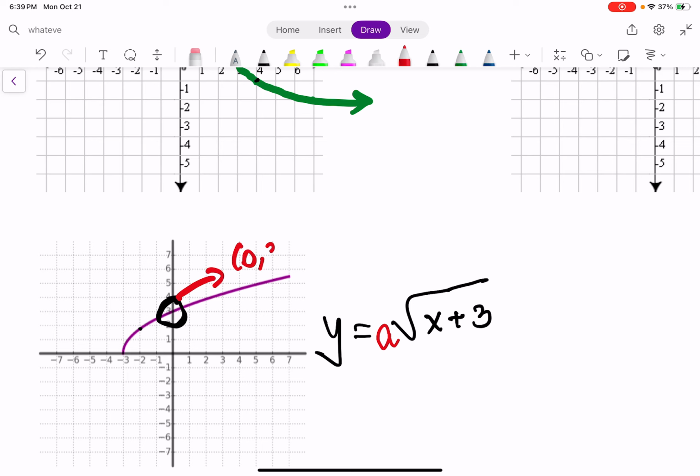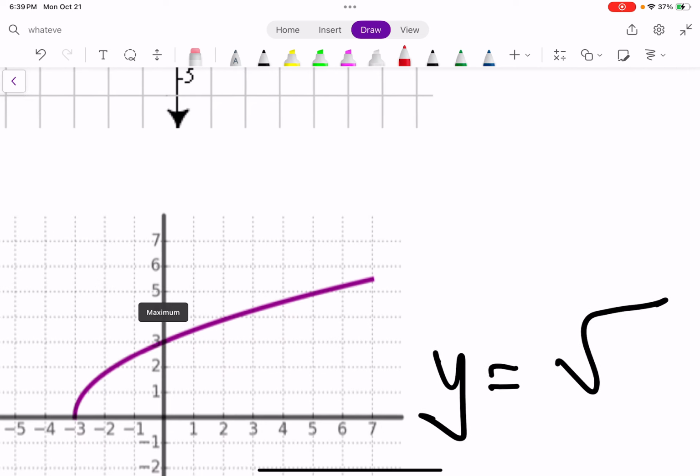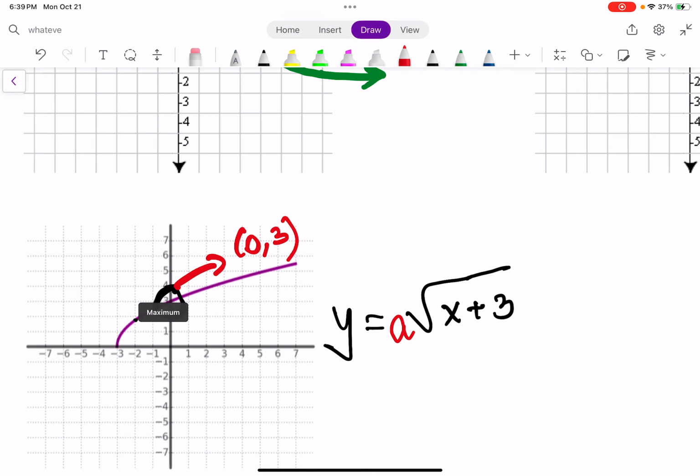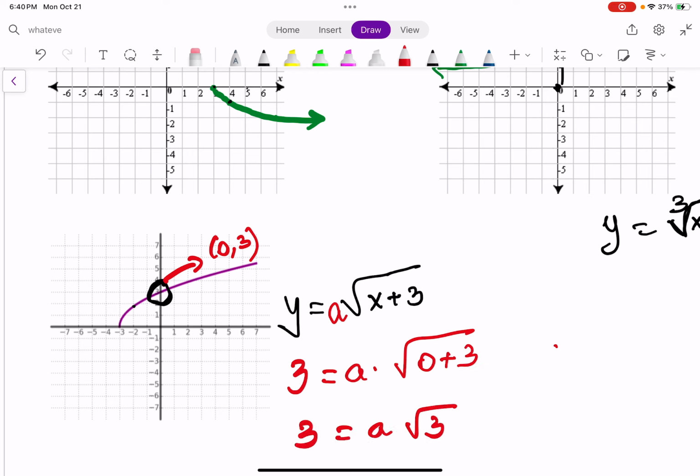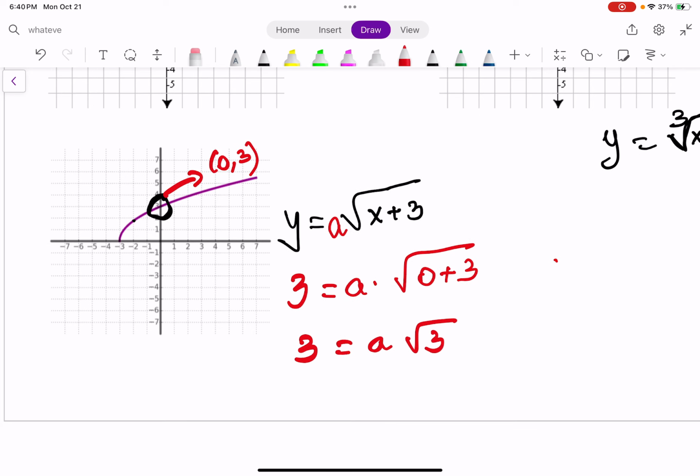I definitely see it passes through 0, 3. So let's use that point to find this a value. Plug in a 3 for y, plug in a 0 for x, and let's see what the actual a value is going to have to be to give us that specific intercept. So divide by 3 by the square root of 3.